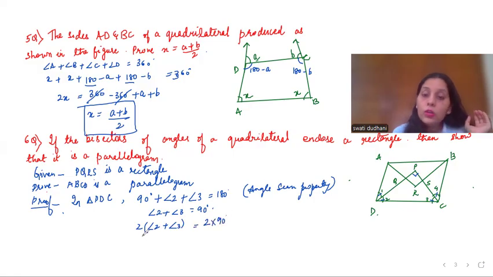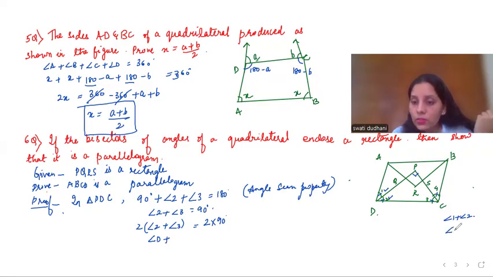So 2 times angle 2, here we know 1 and 2 are equal, right? 2 times angle 2 can be written as 1 plus 2, because 1 is also 2. So 1 plus 2 is angle D, plus 2 times angle 3. Again, 3 and 4 are equal. So I can write 2 times angle 3 as angle 3 plus angle 4, which is angle C, is equal to 180 degrees. So we have proved that D plus C is 180 degrees.